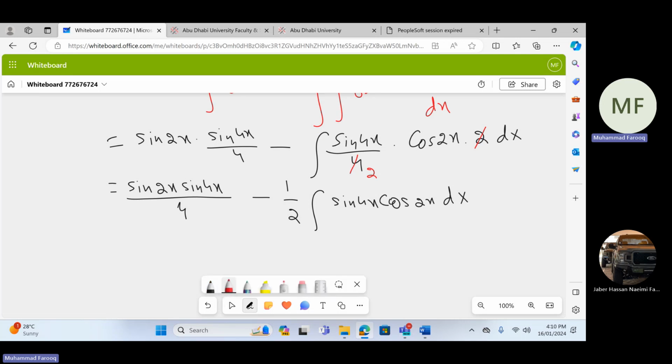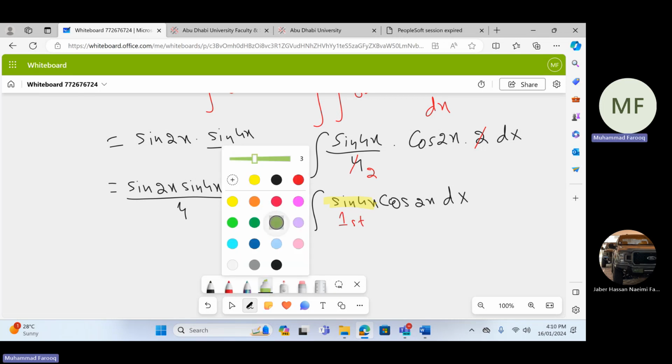Please, just try now. Kindly take sine 4x as first and cosine 2x as second. Come on, integrate, put it in the rule, please. Hurry, please. Sine first, and this one second.